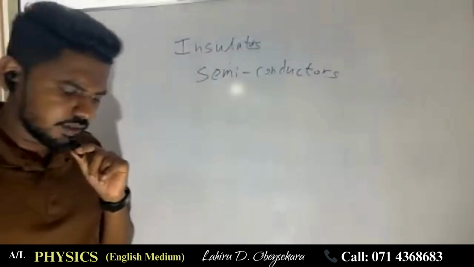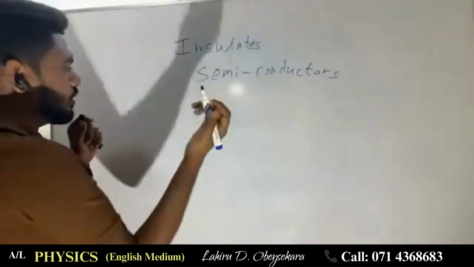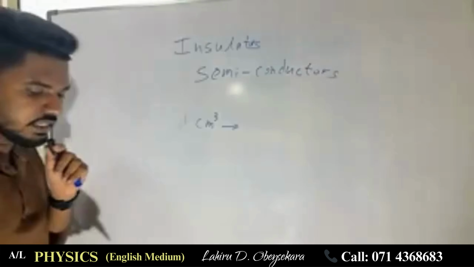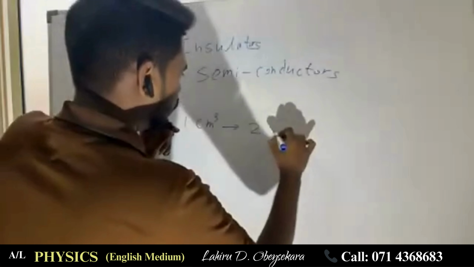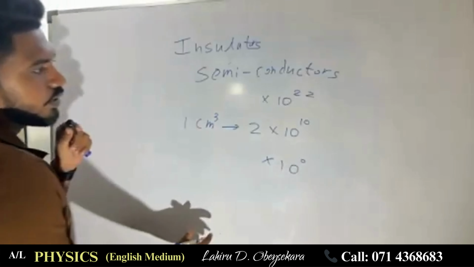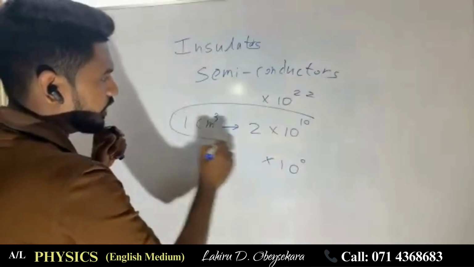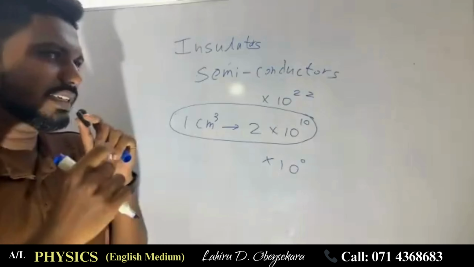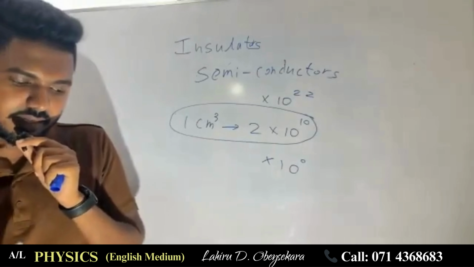So that means, if we take 1 cubic centimeter of semiconductor, there are 2 into 10 to the power 10 or something free electrons. Previously, what happened? 10 to the power 22 or something. So when we consider insulators, 10 to the power 0. So this has a medium value. That means, in Sinhala, let's say, the current goes, but not much, just like that.